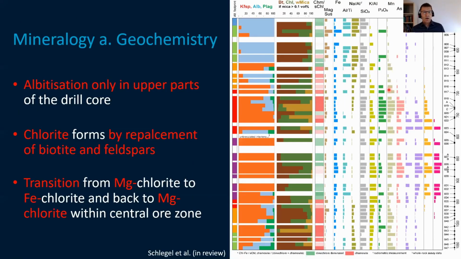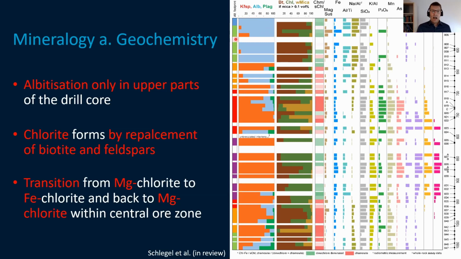So far I've presented SEM TIMA and modal mineralogy data, and now we try to link this modal mineralogy data with data from magnetic susceptibility, portable XRF and radiometrics. What we see here is a summary of the mineral zonation, the alteration compositions for feldspars, all feldspars taken together, summed up to 100% in this stacked bar plot.